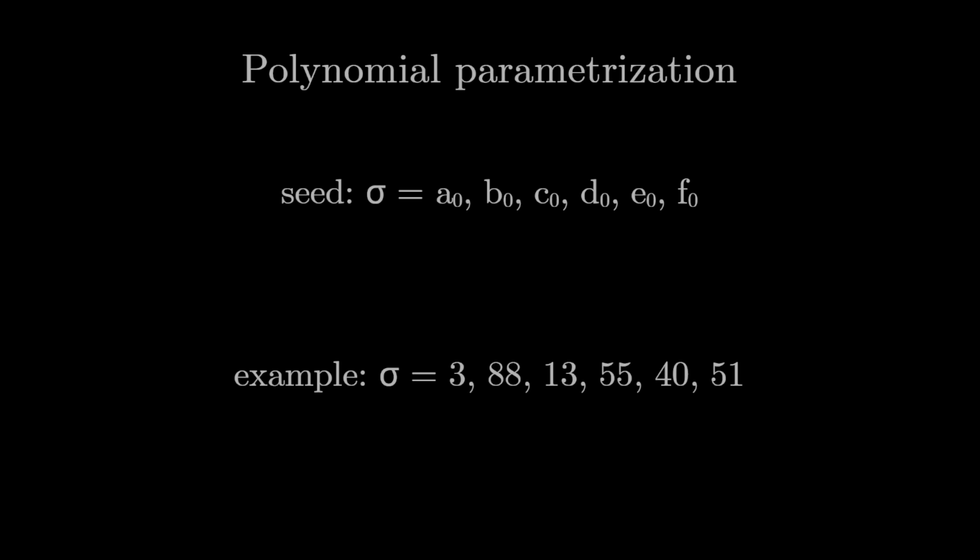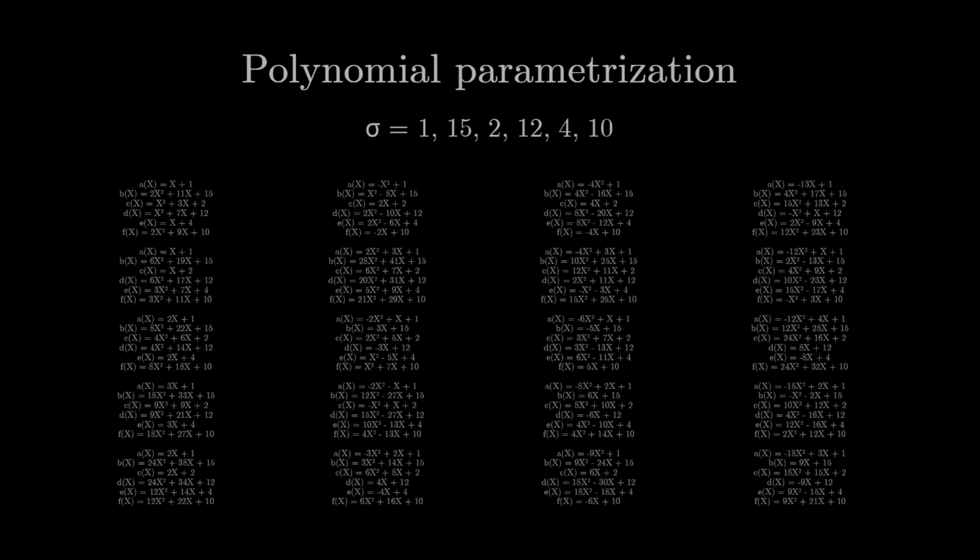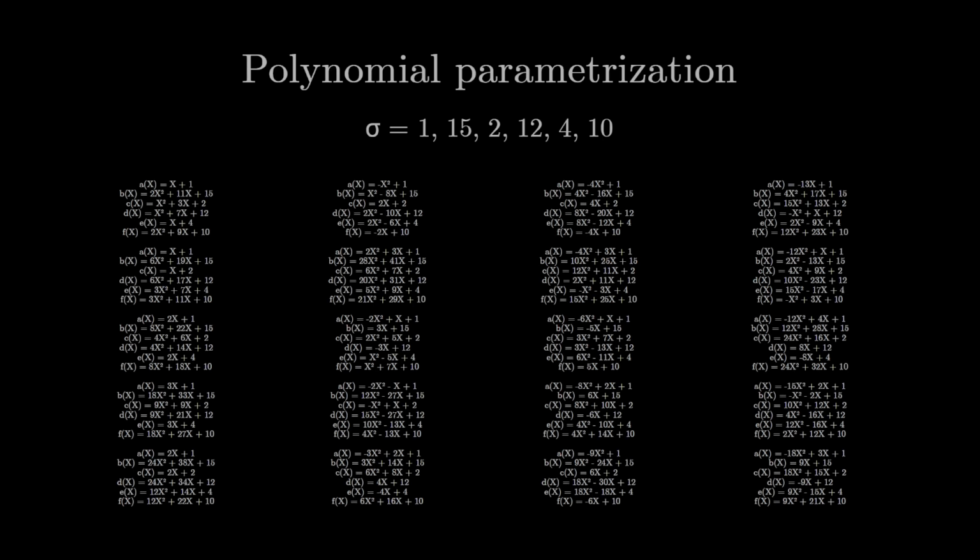Unfortunately, for that specific seed, I could not find any polynomial of degree 2 for A, B, C, D, E, and F. However, if we take this example, 1, 15, 2, 12, 4, 10, then here are some polynomials that could be found.